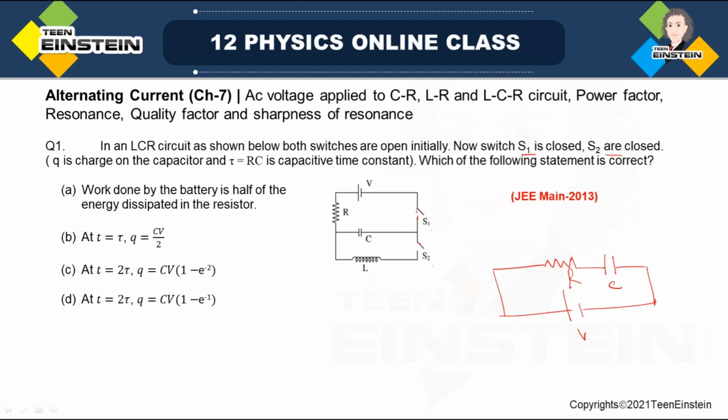Now here Q is the charge on the capacitor, and tau, you can see tau is the time constant. It is written as CR.